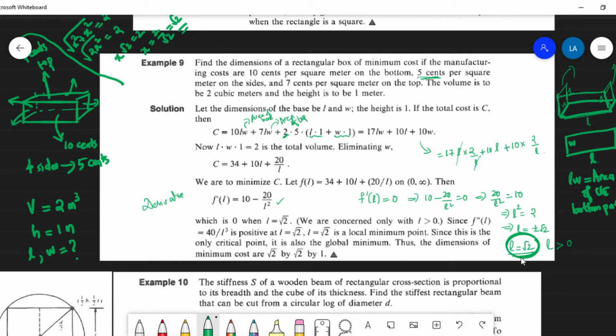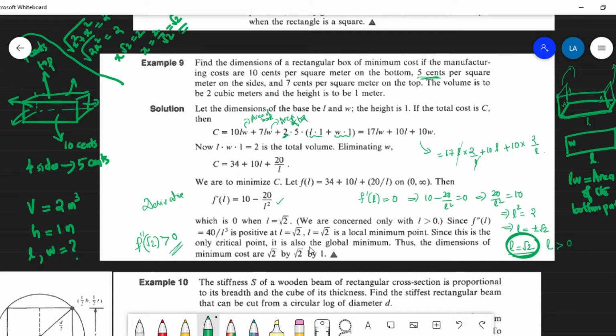So that is a critical point, right? And then you just find the second derivative of f of L. So you get f double dash of L to be equal to 40 divided by L cube. Find the value of f double dash at root 2, and you get that to be a positive quantity.